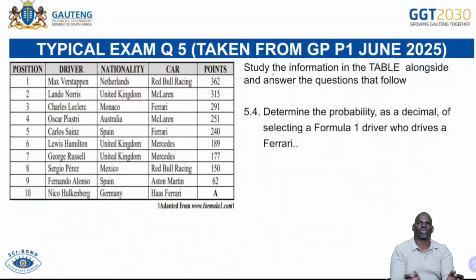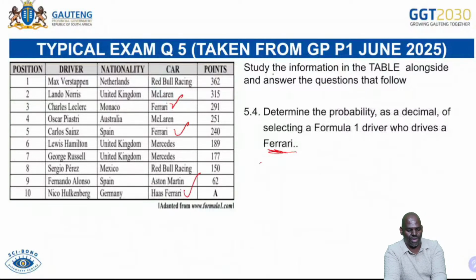Okay, now boys and girls, I can see that time is not on my side, so it's just the last question about probability. This one is determine the probability as a decimal of selecting a Formula 1 driver who drives Ferrari. Okay, now if I look at the car models, I've got one Ferrari, second one, and then I've got another Ferrari there. Okay, so 1, 2, 3.